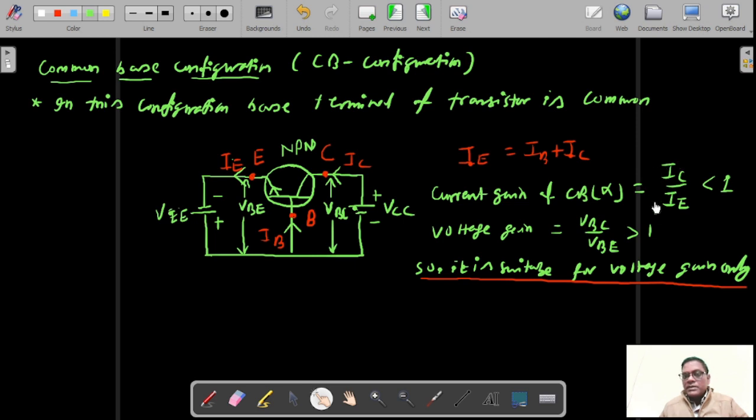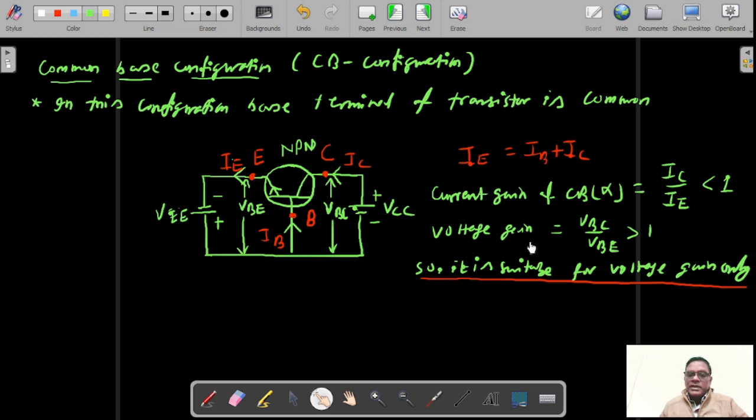As we can see from this equation, the total emitter current IE is the summation of base current and collector current. So obviously the collector current is less than the emitter current, so this value will be less than 1. That means this configuration will not provide a current gain.